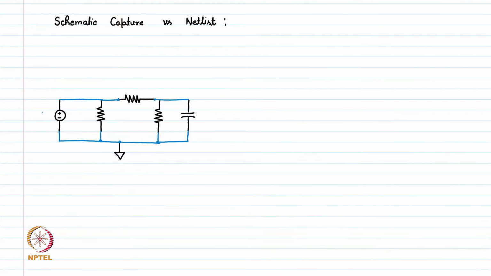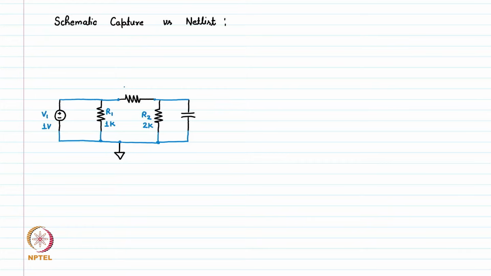We have this voltage source which is V1, and the value of this is, let us say, 1 volt. This is resistor R1 and value is, let us say, 1 kilo ohm. This is resistance R2, value is 2 kilo ohm.